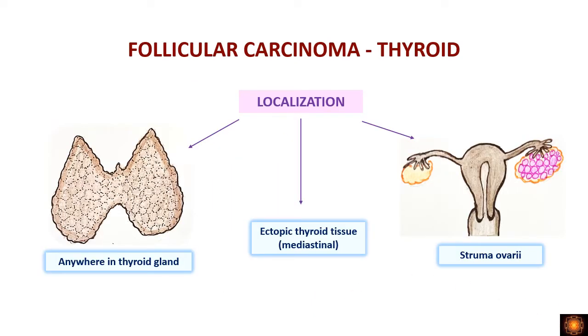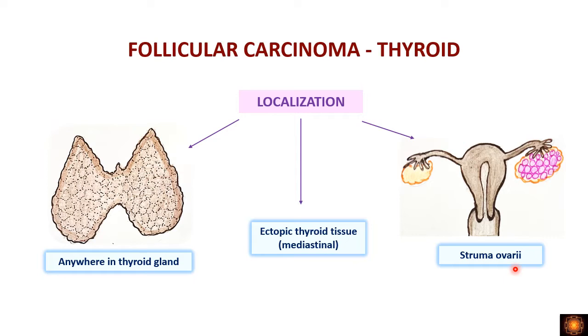Now when we see the localization, it can occur anywhere in the thyroid gland. It can also occur in ectopic thyroid tissue, usually present in the mediastinum, or it can occur in the struma ovarii. I think you remember this. Even papillary carcinoma can arise in the struma ovarii. Struma ovarii is a type of teratoma of the ovary.